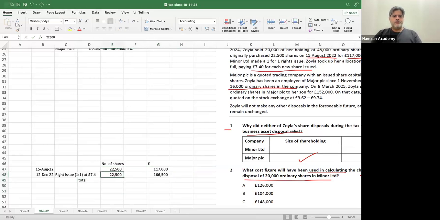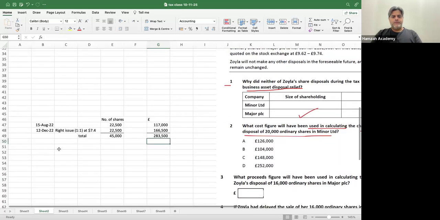So the total shares that we got would have been 45,000 total shares, and the total amount would have been 283,500 over here, right?